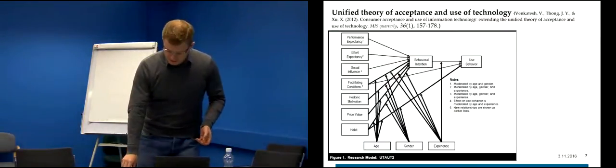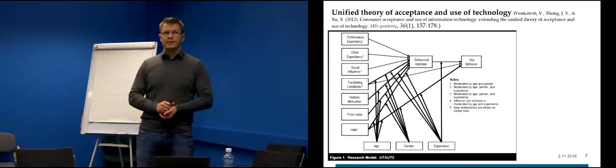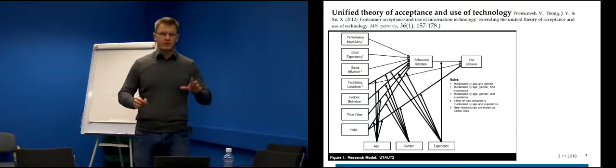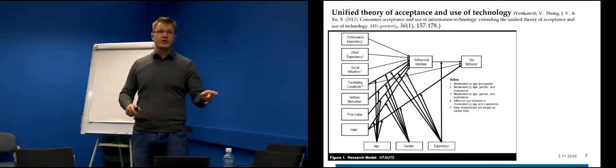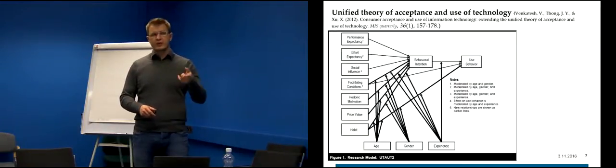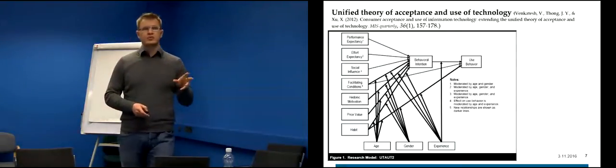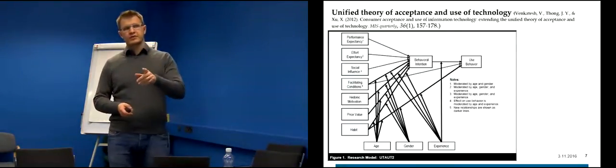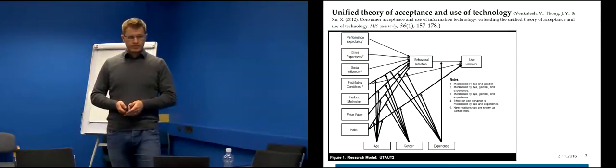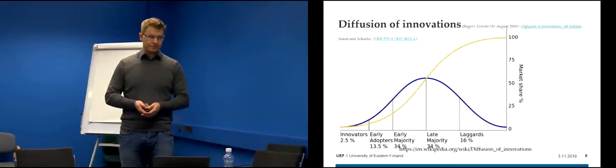So this is one of the most extensive models that explains why on a personal level, why one single person is using some kind of technology. So based on this, if we quantify all these different aspects, we should be able to quantify if a person is using some kind of service or not, for example. And this is a really good model.